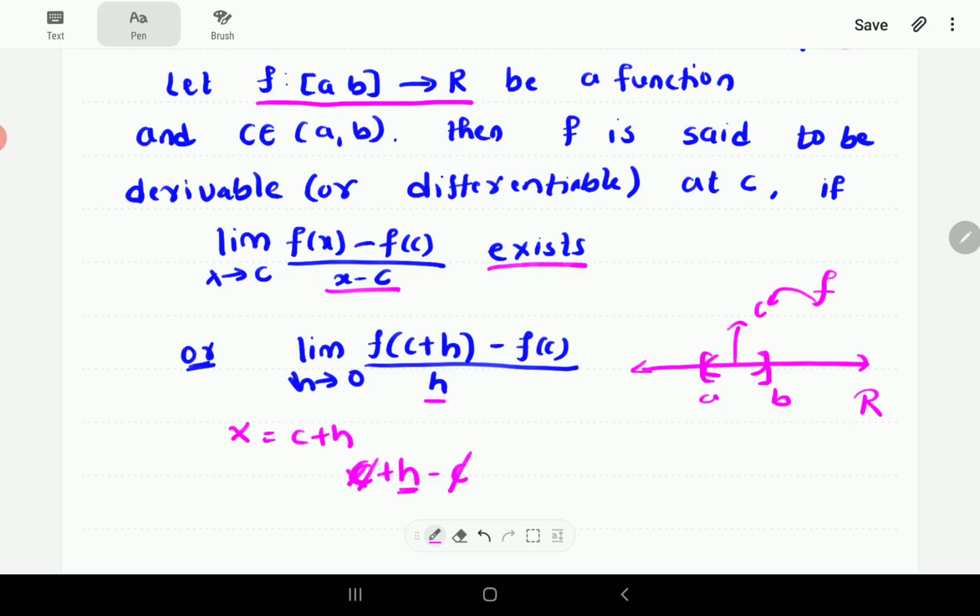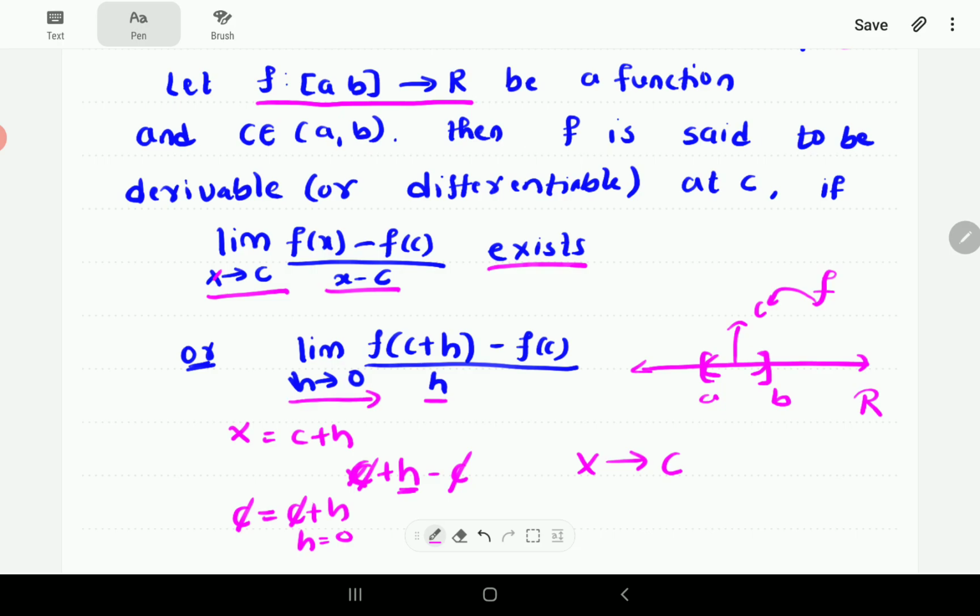That's the denominator. And as you know, as x tends to c, h tends to 0. Whenever x is tending to c, wherever x is there we put c, so c plus h equals c and h will be 0. That means as x is tending to c, h is tending to 0.